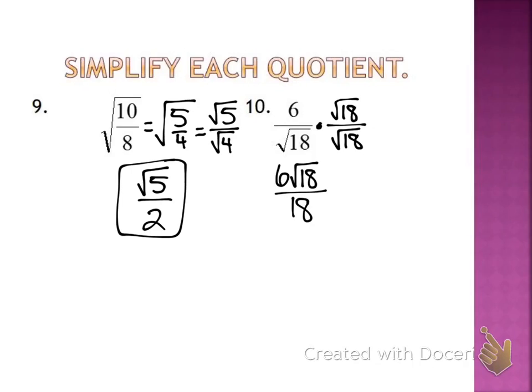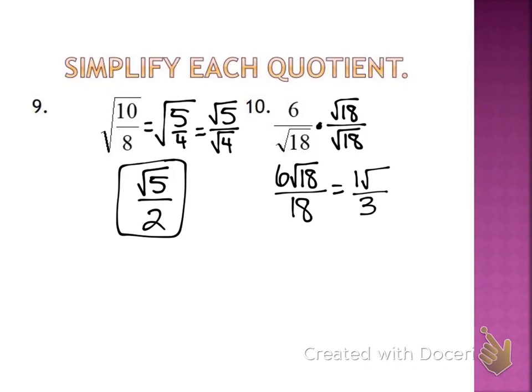Simplify the fraction part first. 6 over 18 simplifies to what? 1/3. Okay, so we can divide both of these by 6. So it simplifies to 1/3.